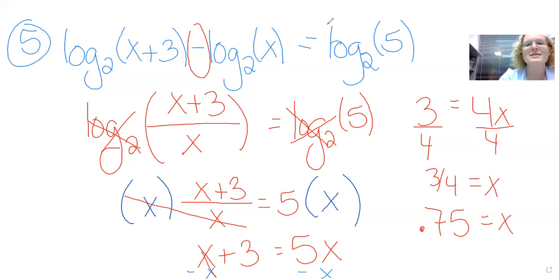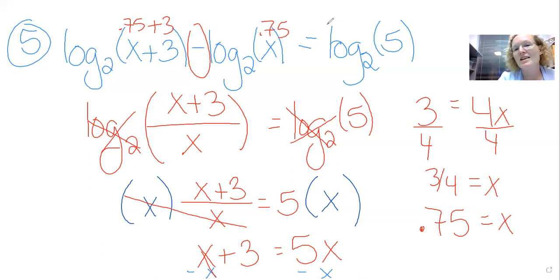So if I take my 0.75 and I plug it into this original problem, well, that would be 0.75 plus 3. Well, 0.75 plus 3 is 3.75. That's a positive number that I'm taking the log of, so that's good. Over here, x, just plain old, just plug it in. That's 0.75. Now it's less than 1, but that's not what I'm worried about. It's positive. So yes, that works.